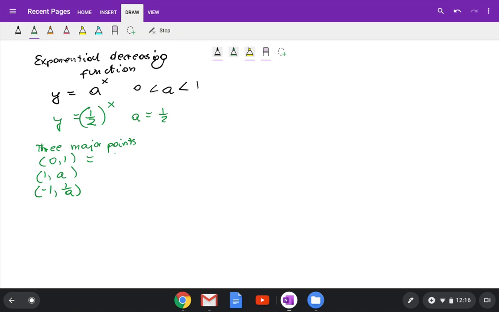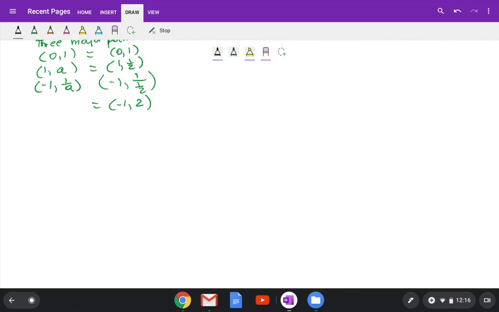In our case, we have 0, 1, 1 and 1/2, and negative 1, 1 over 1/2, which will be negative 1, 2.